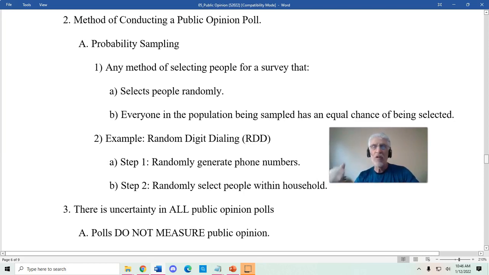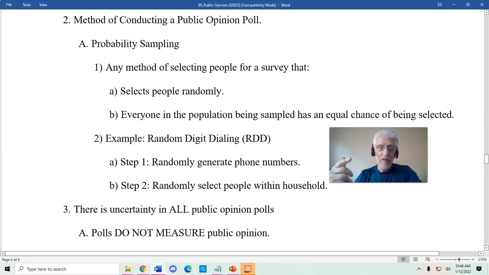Or I'd like to speak to the oldest female or the youngest male. And the protocols just change randomly because not only do they have to generate the numbers randomly, but they also have to make sure that the people they select within the household that they called are selected randomly as well. And this is how serious they take the random sampling process.